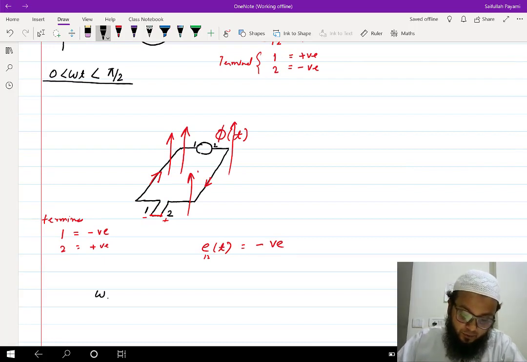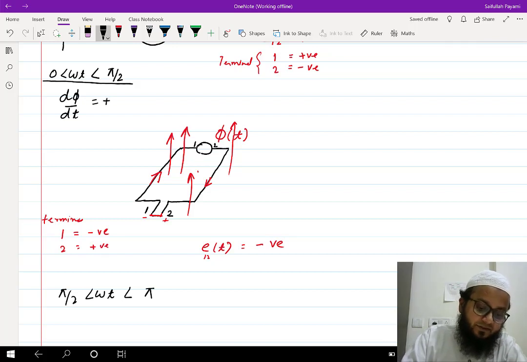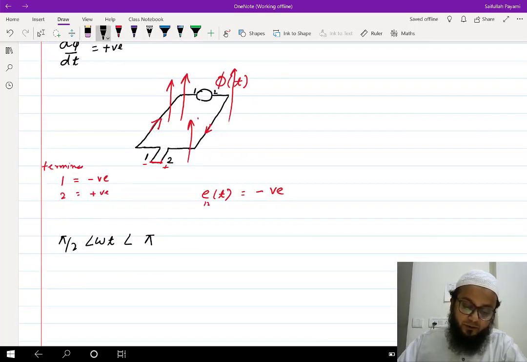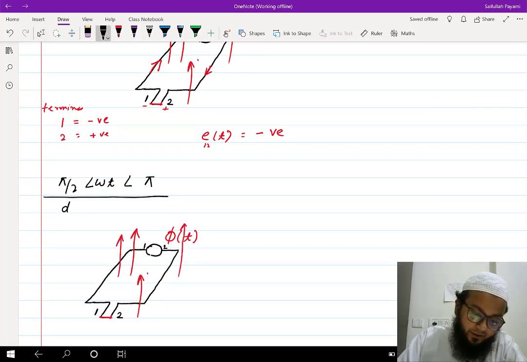Now when omega t is greater than pi by 2 and less than pi, here d phi by dt was positive, so induced EMF was negative there. Similarly from pi by 2 to pi, here d phi by dt is negative.